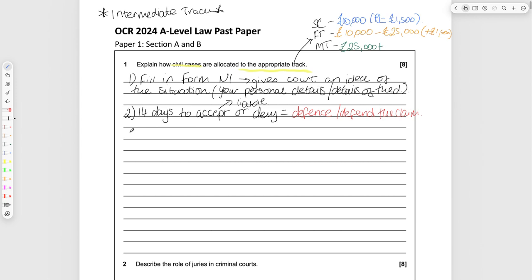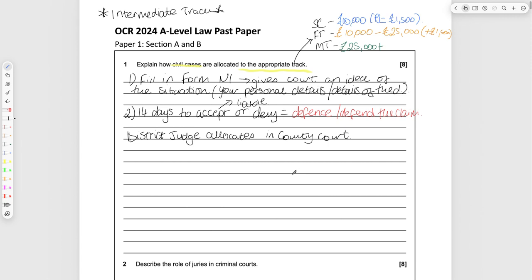For example, if it's being allocated in the county court, a district judge allocates. Or you can also mention a master in the High Court.